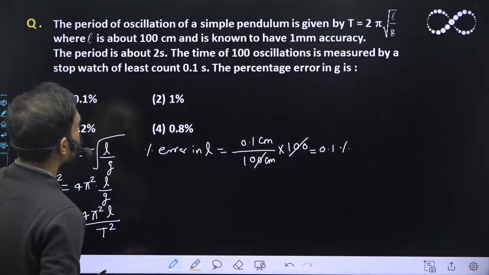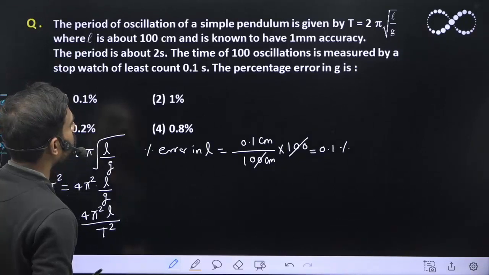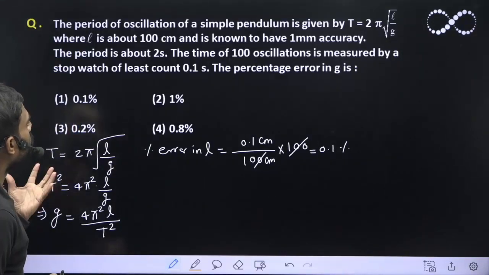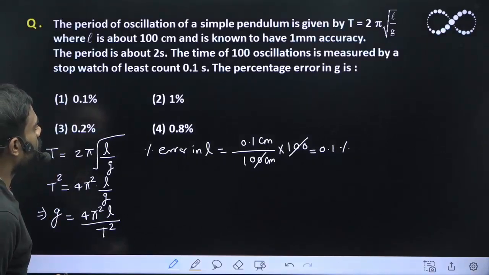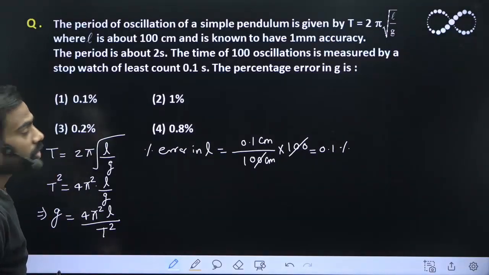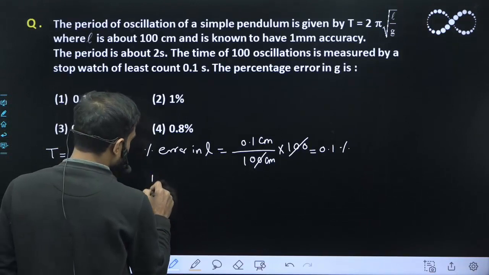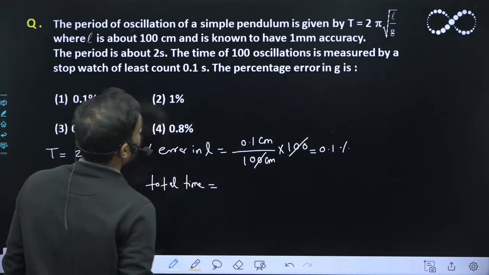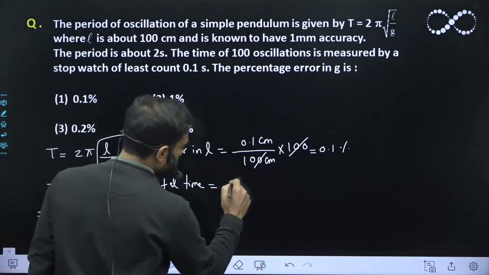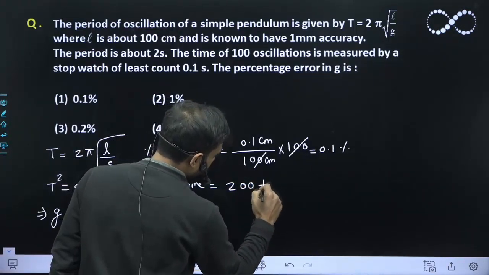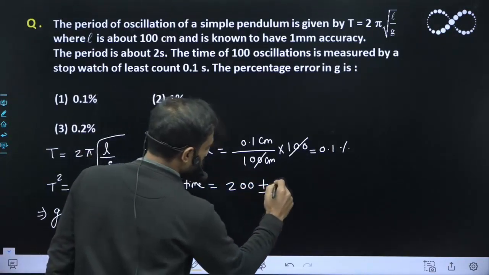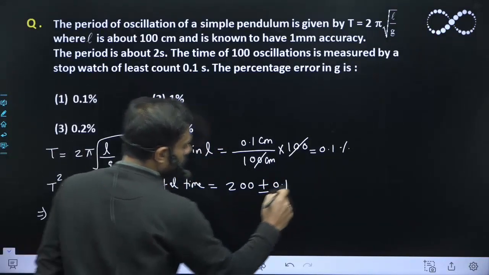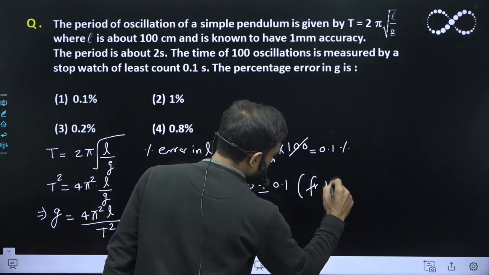In the question, the time is measured for 100 oscillations, and the total time has an error of 0.1 second, because the stopwatch has an error of 0.1 second. So let us see the total time. For 100 oscillations, that will be 200 seconds, so that will be 200 plus minus 0.1 second. So this is the total time for 100 oscillations.